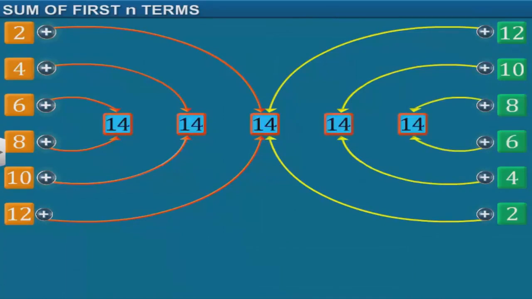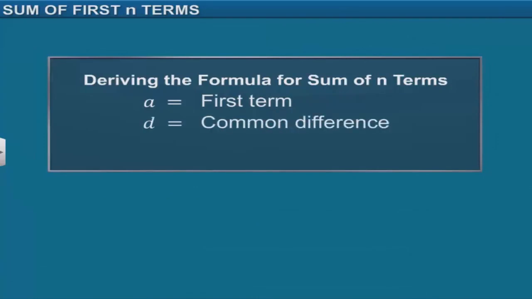Let's consider a standard arithmetic sequence where a equals first term, d equals common difference, and n equals number of terms. The first term is a. The second term will be a plus d, and so on. In this way, you can compute each term till the nth term.